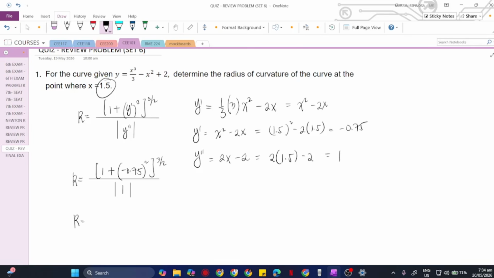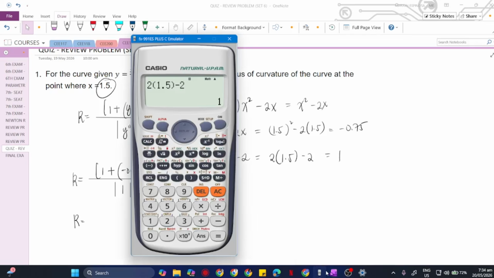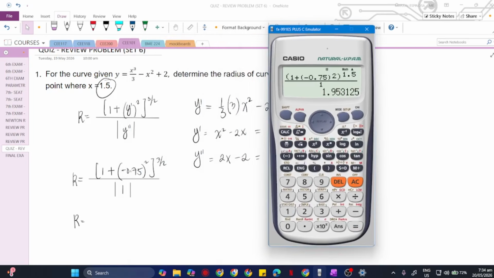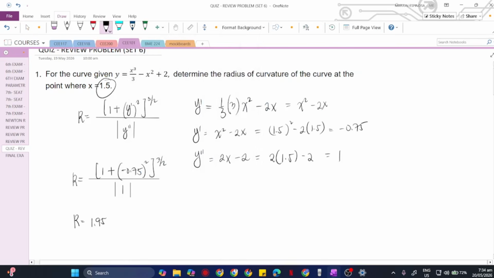Therefore our radius of curvature is 1 plus negative 0.75 squared, raised to the power of 3 halves or 1.5, over the absolute value of 1, which is equivalent to 1. So our answer would be 1.95. That will be our answer for this problem.